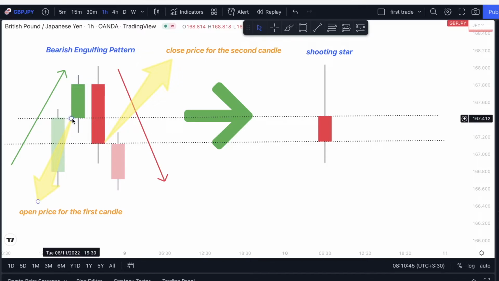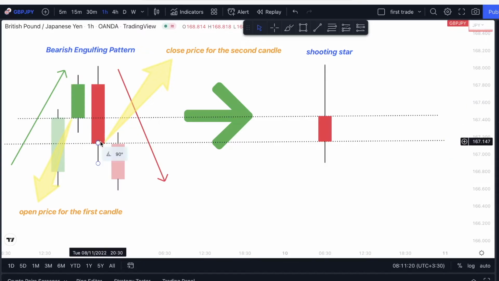If we mix these two candles together, we have something like this. Why? Because this is the opening level for the first candle, and this is the closing price for the second, red candle.